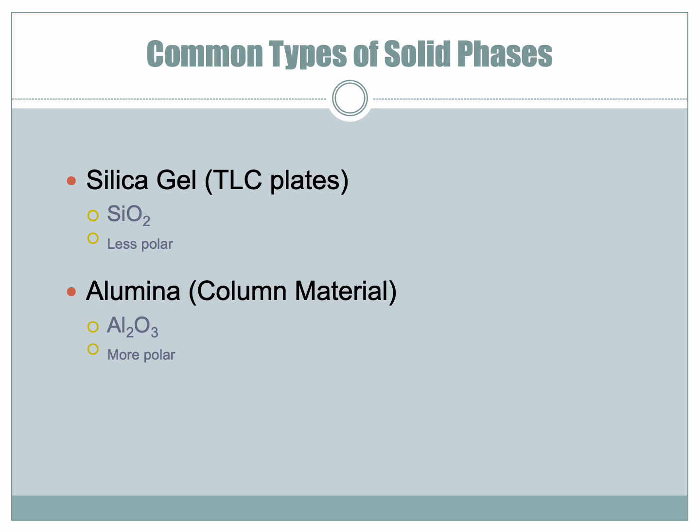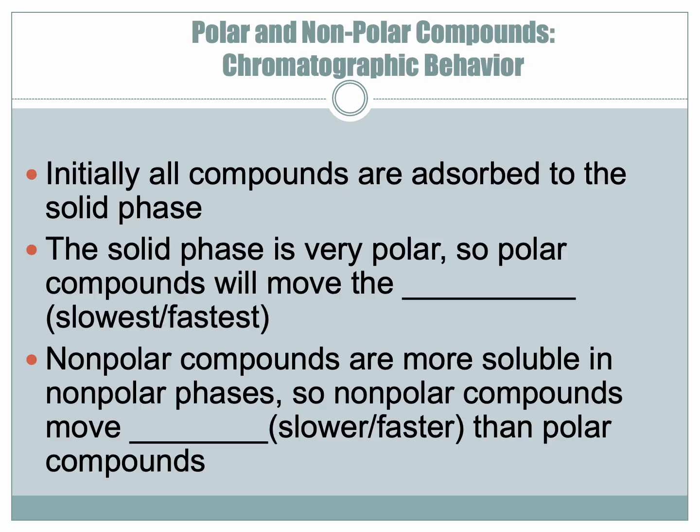So there's 2 different kinds of solid phases that are typically used in chromatography. We have silica gel, that's what's on the TLC plates, and that is the less polar option. And there is also alumina, and that's usually what's found in chromatography columns, and that is the more polar option. So initially all compounds are adsorbed to the solid phase.